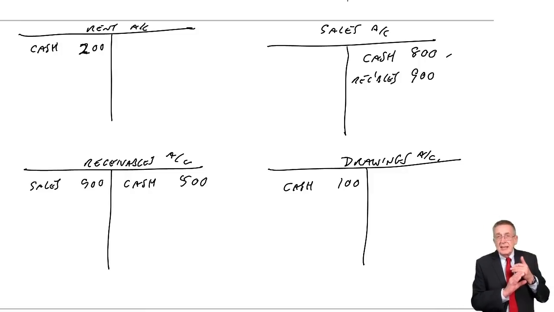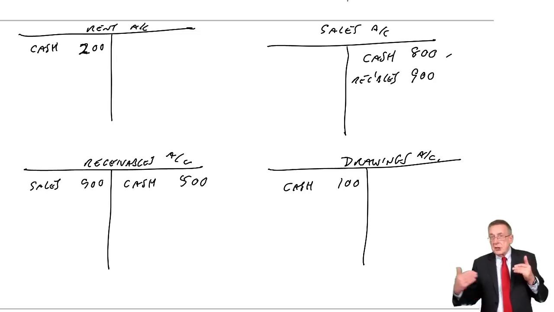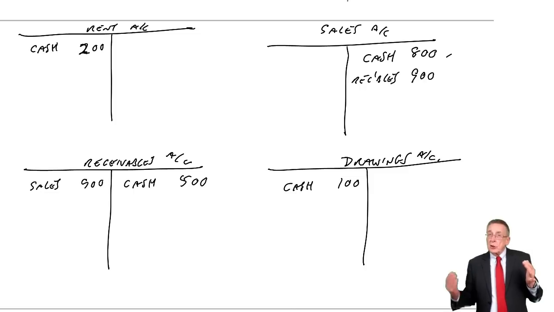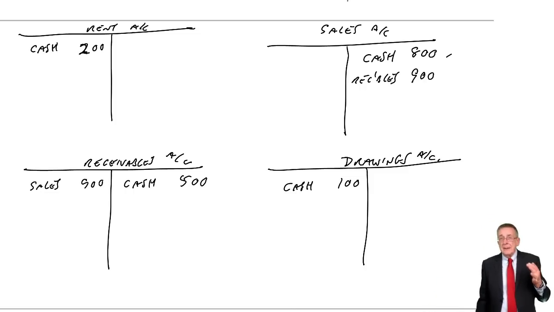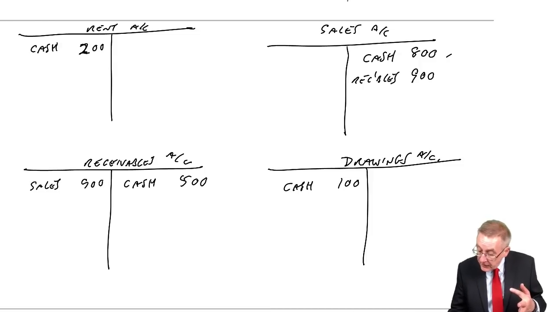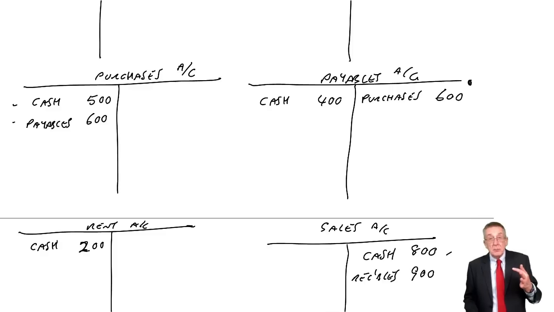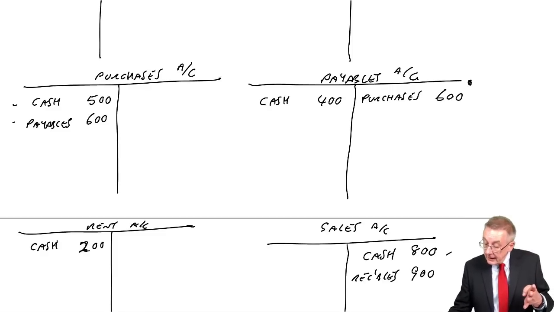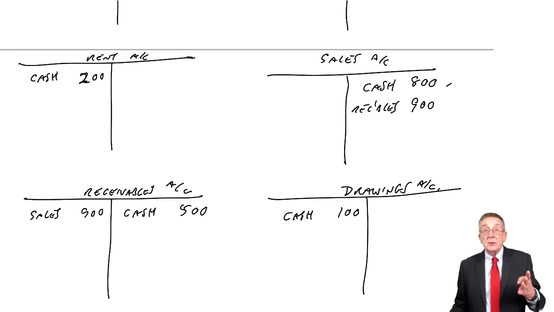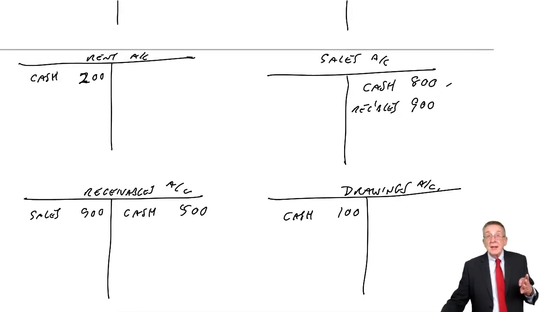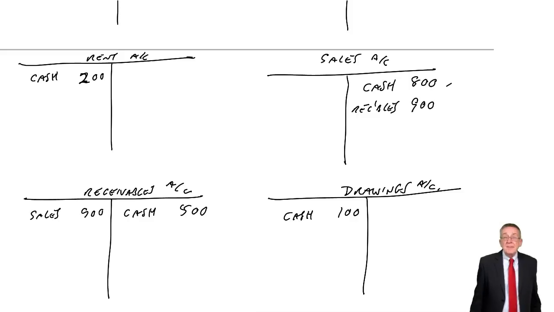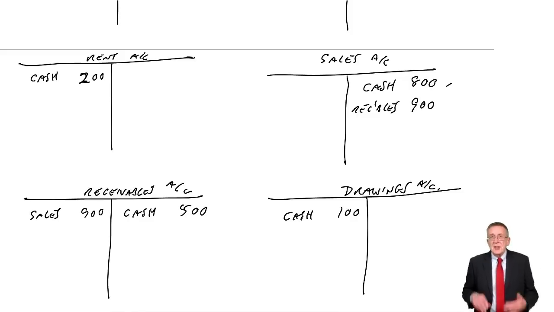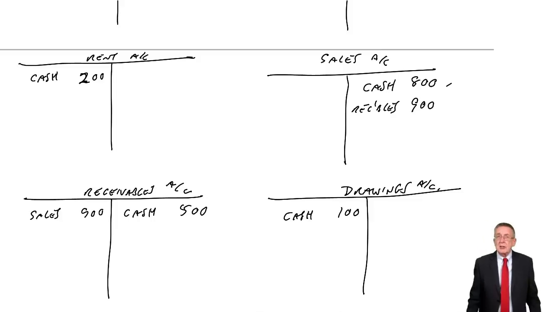You're either receiving cash, debit cash, credit somewhere, or you're paying cash, credit cash, debit somewhere, or you're buying goods on credit, debit purchases, credit payables, or you're selling goods on credit, debit receivables, credit sales. That again, day by day, that's what's happening. Those 4 things: pay cash, receive cash, buy on credit, sell on credit.